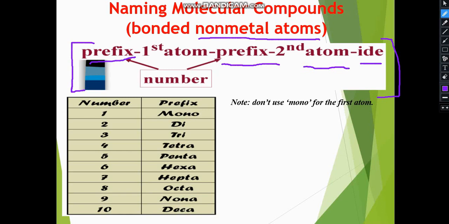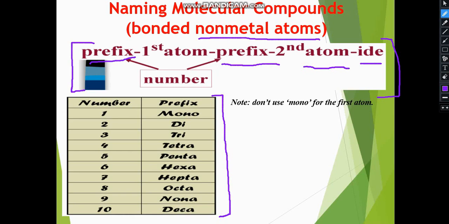So what are the prefixes which we are talking about? Here is the list of the prefixes from number 1 to number 10. So if you have one carbon, instead of saying one carbon, you will say mono. If you have two carbons, you'll say di, 3 tri, 4 tetra.